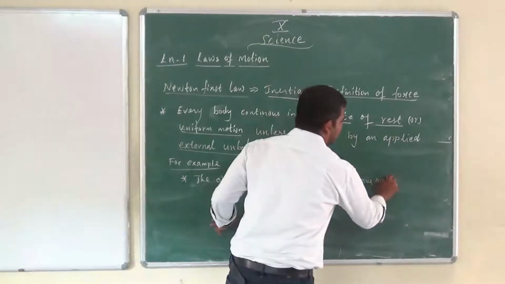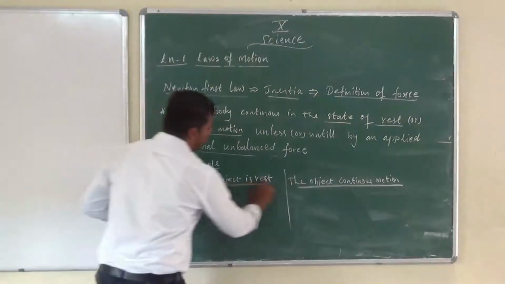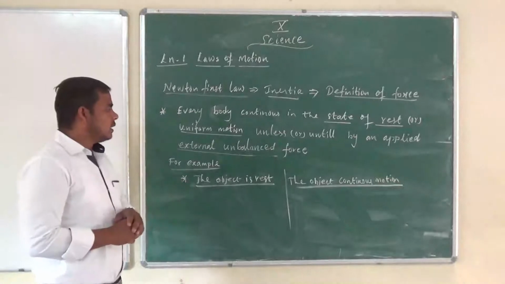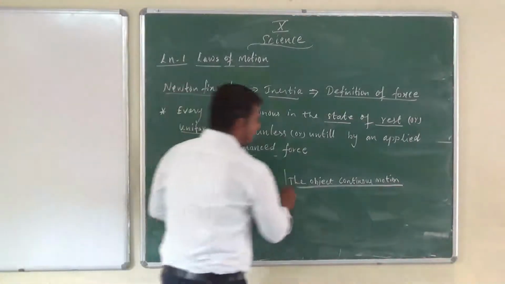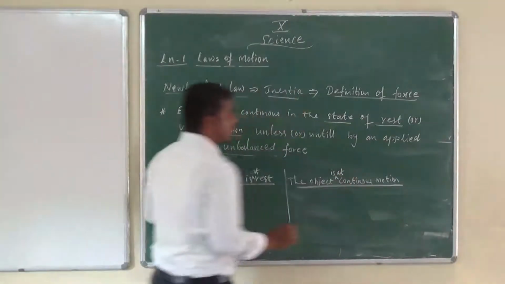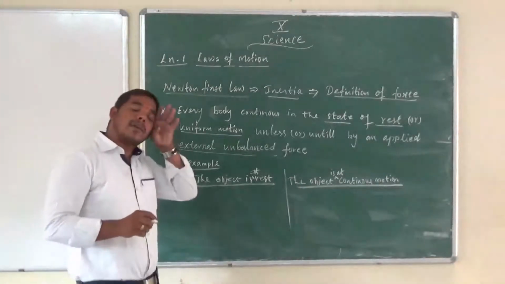Continuous motion. These are the two conditions. So the object is at rest, or the object is in continuous motion. In your day-to-day life, you are seeing a number of such objects.